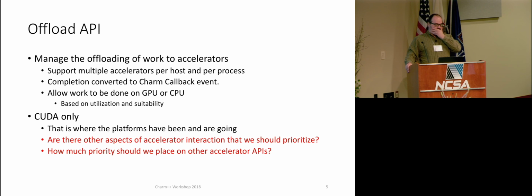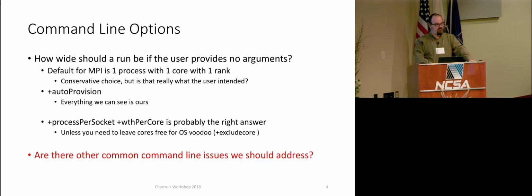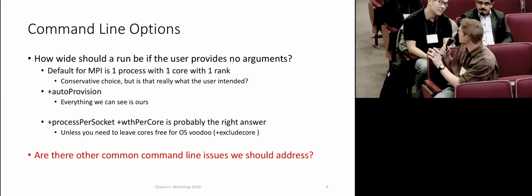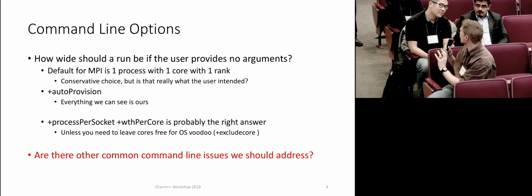All right. A lot of other work recently. Oh, sorry, go ahead. I have a couple of things. I want to go back to auto provision. Sanjay, when you said you see the machine, does that mean the machine or the cycle times the scheduler gave you? What do you mean? Is it the allocation or the machine, or is it the hardware or the allocation that I have?